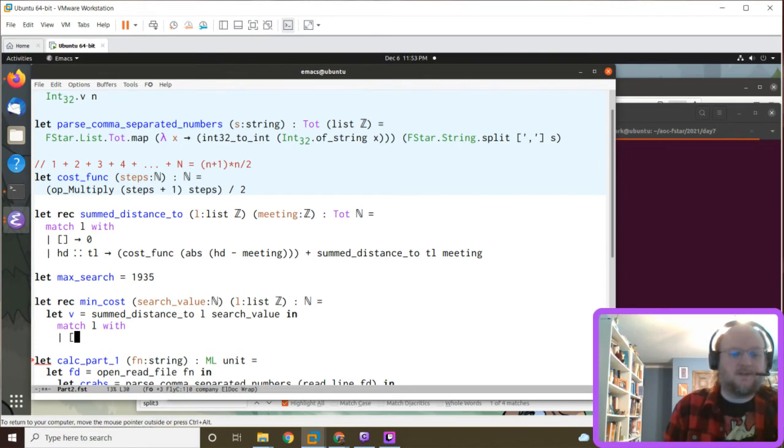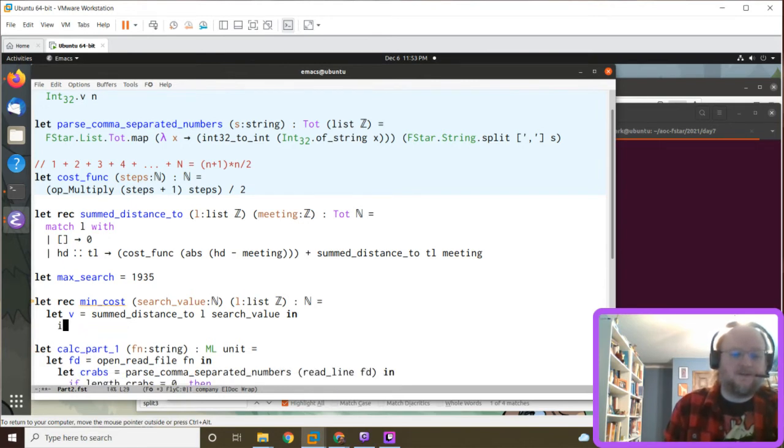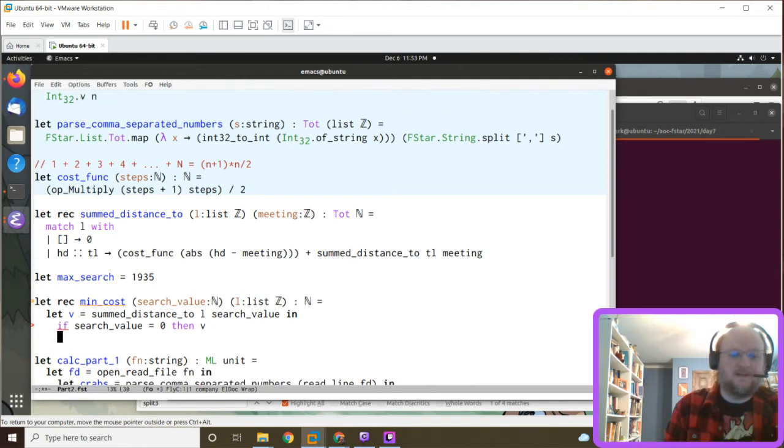Okay, so if L is, else we want the minimum of V and the recursive call, which is not tail recursive here, but search value minus 1.